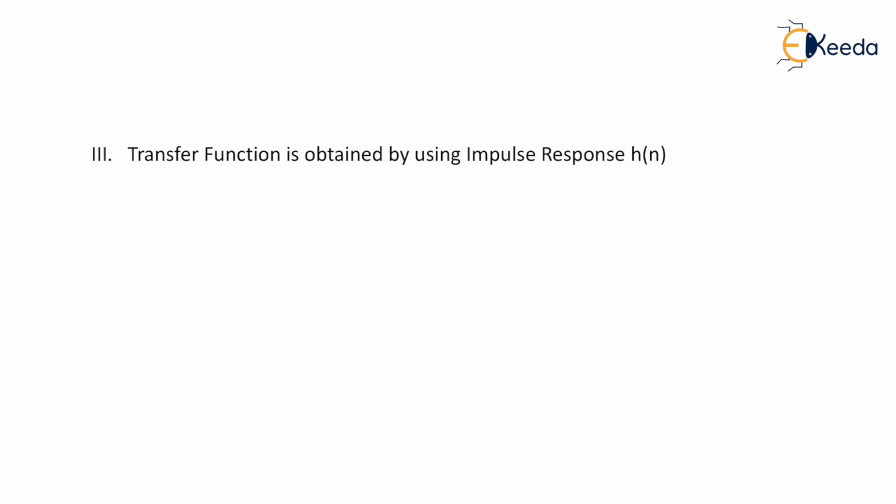Third and very important conclusion: the transfer function is obtained by using the impulse response only. If you have done control systems, you must have learned about the transfer function. That transfer function is what we call h of s. So if you have an impulse response, let us assume h of t, and you take a Laplace transform of this, you get h of s. So h of s is called the transfer function.